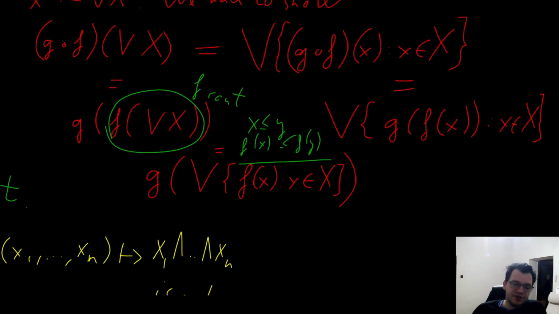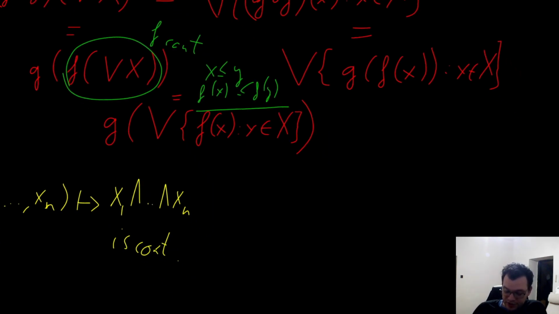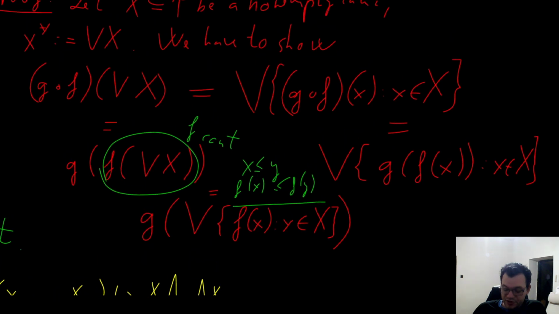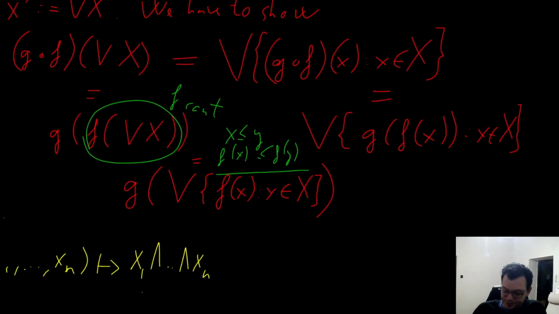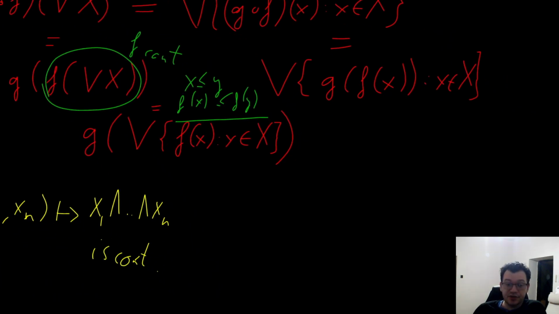If x is smaller than y, then f of x is smaller than f of y, and it's the other way around if not, because f is continuous, so f is monotone. That's important here.